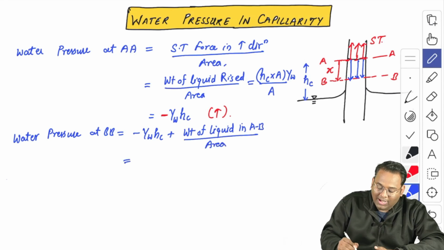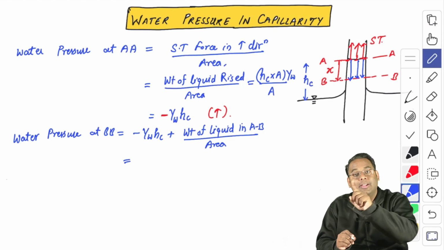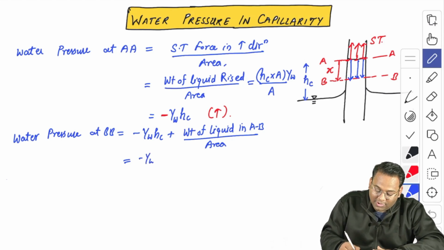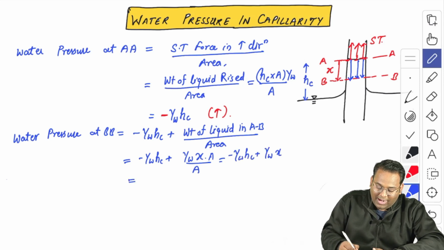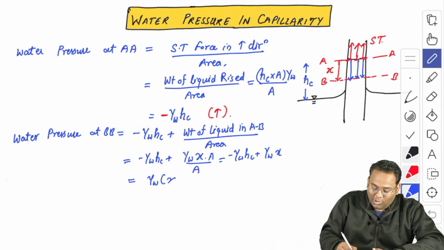The weight of liquid in A to B is gamma w into X into area, divided by area. So this will be minus gamma w hc plus gamma w into X, and hence it will be gamma w into (X minus hc).